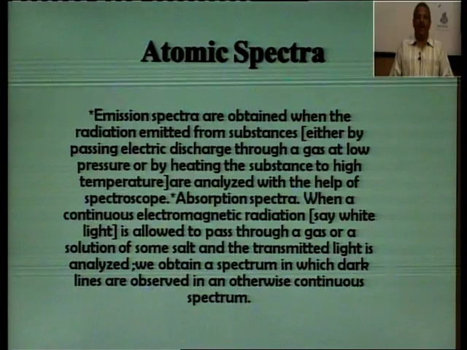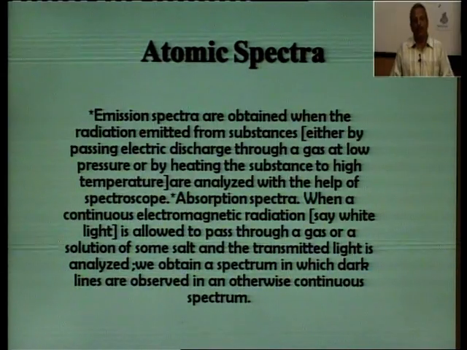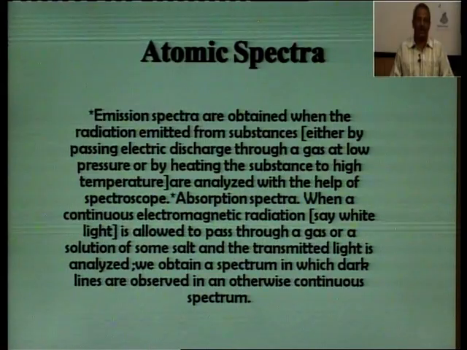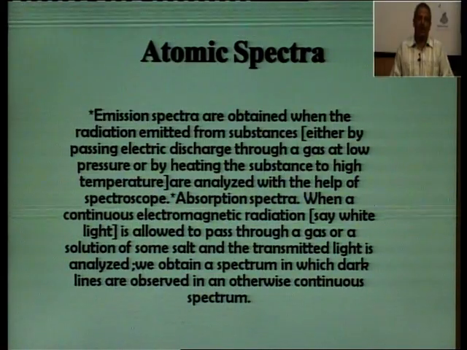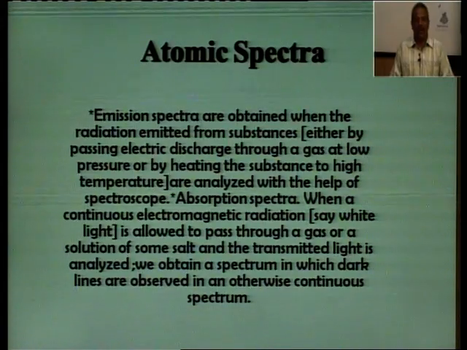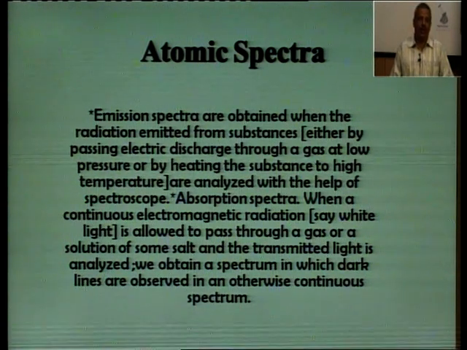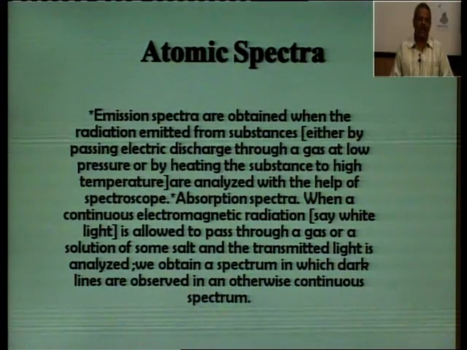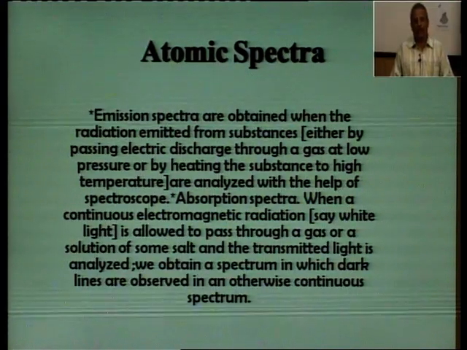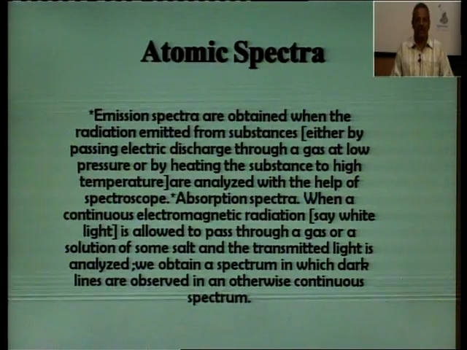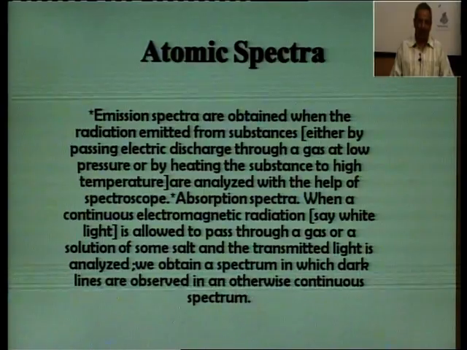Emission spectra are obtained when the radiation emitted from a substance, either by passing electric discharge through a gas at low pressure or by heating the substance to high temperature, is analyzed with the help of a spectroscope. For absorption spectra, when continuous electromagnetic radiation, say white light, is allowed to pass through a gas or a solution of some salt and the transmitted light is analyzed, we obtain a spectrum in which dark lines are observed in an otherwise continuous spectrum.